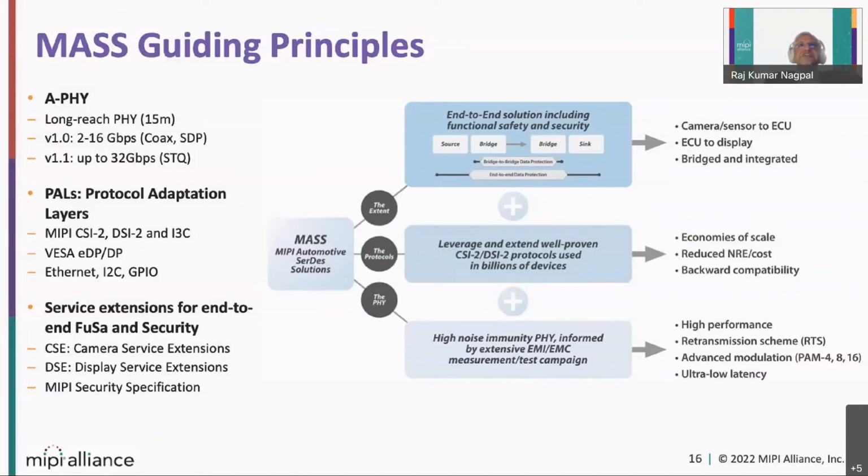And then we are supporting a functional safety and security framework in the MASS guiding principles. This is going to be a total robust solution from MIPI for ADAS and ADS requirements.